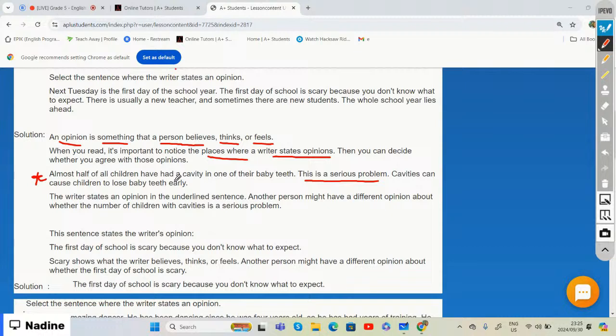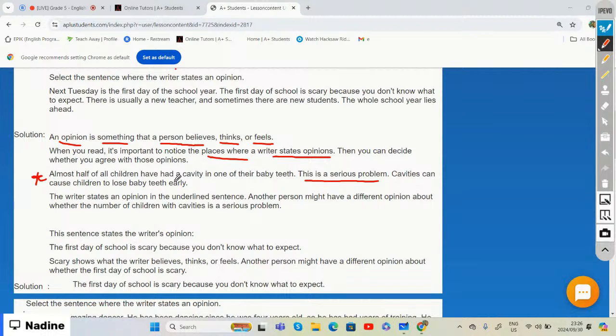Maybe you'll speak to one dentist and the dentist will say, no, but all children have cavities because of all the sweet things that they eat when they're younger. But that doesn't mean that they'll be losing their baby teeth early. That doesn't mean that it is a serious problem. Whereas maybe you speak to a different dentist, and yes, because of the amount of kids that come there with cavities or with teeth falling out or with some form of something that is going on, that dentist might agree that yes, this might be a major problem.